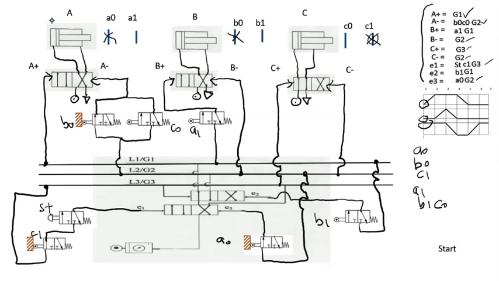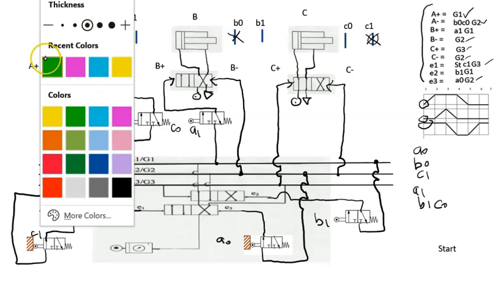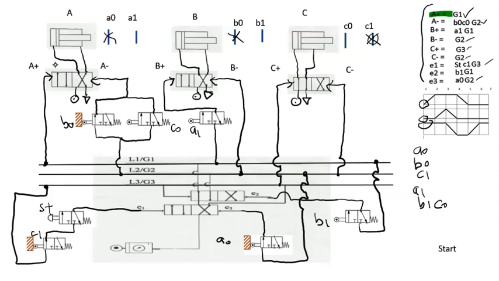All right, so let's check. We start with the A plus. A plus to G1. Then A minus, we have B0, C0, connect to G2. Remember it must be in parallel.